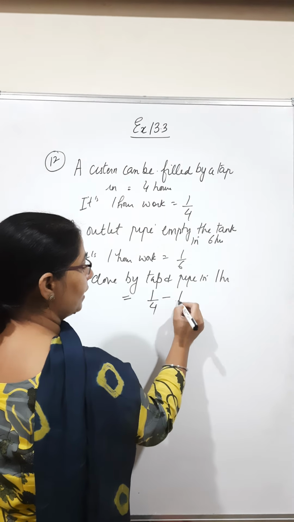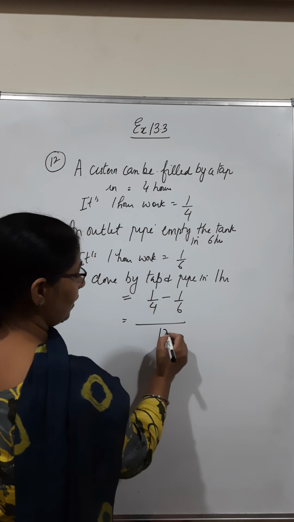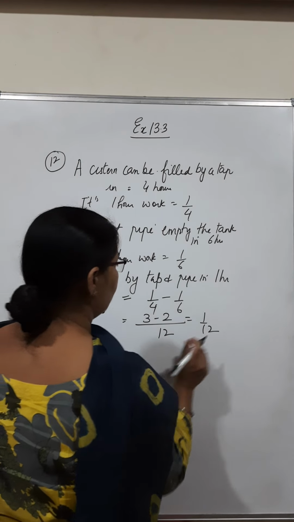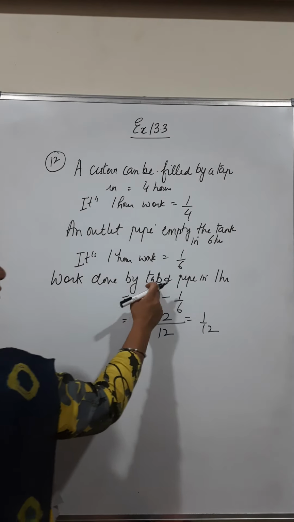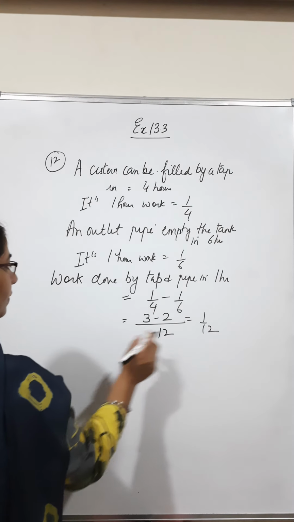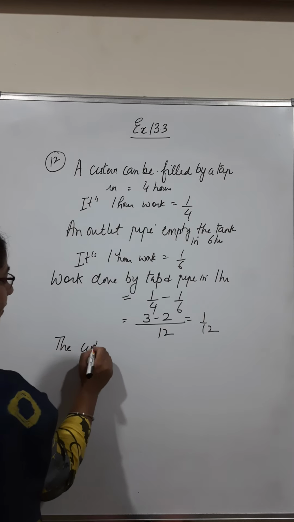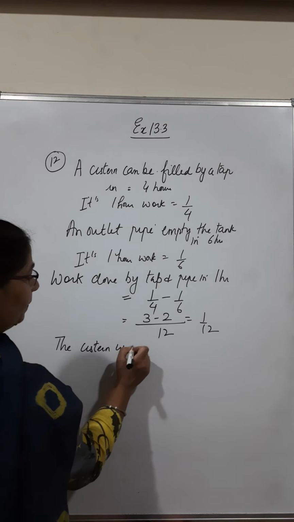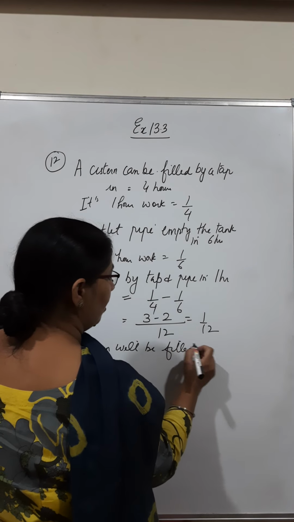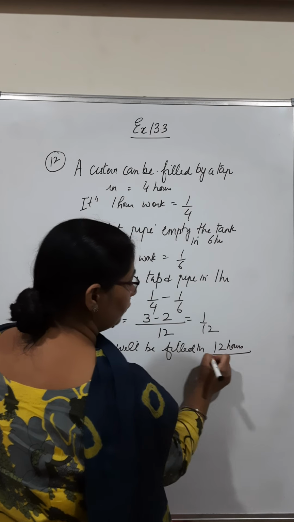So we will subtract 1 by 4 minus 1 by 6. The LCM of this will be 12. 3 4s are 12, 2 6s are 12. So 1 by 12. So if they work together, a tap and the pipe, then their 1 hour work is 1 by 12. So the cistern will be filled in how much time? The reciprocal of this, which is equal to 12 hours.